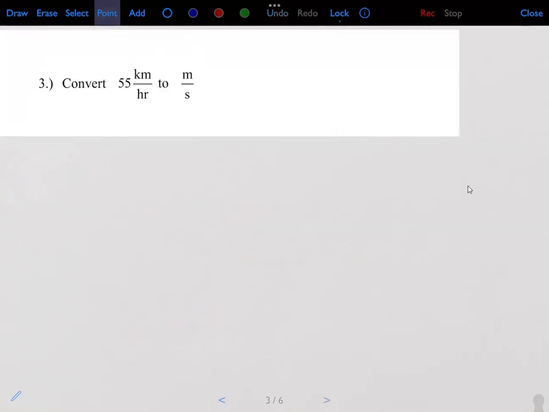Okay, next question. Convert 55 kilometers per hour to meters per second. Okay, so if I start with 55 km per hour, and I want to go ultimately to meters per second. So over here somewhere, I want meters per second.